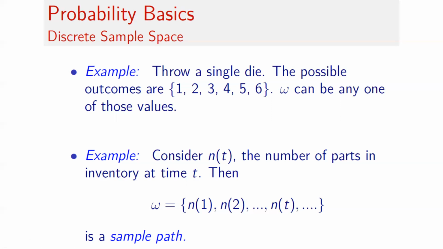This is also called a sample path. So we can use probability in flexible manufacturing systems.